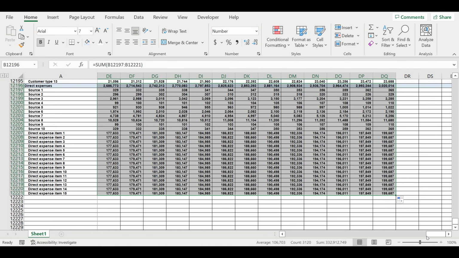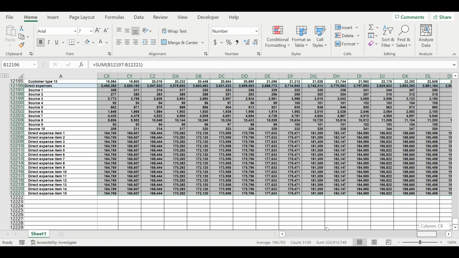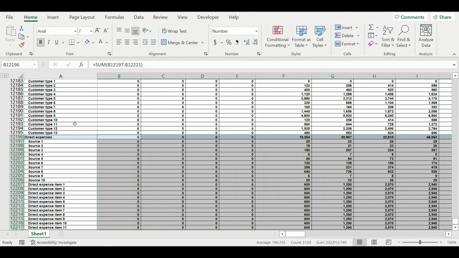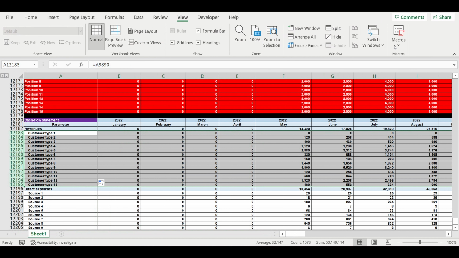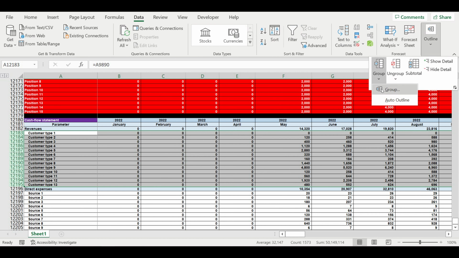So these are direct costs. I will group revenues. Data, outline, group.